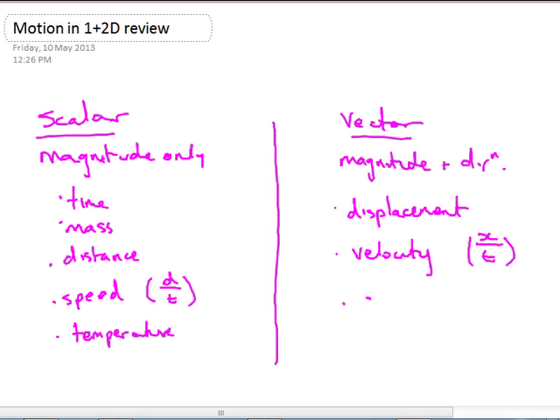We've got acceleration, which is change in velocity over time. Force. Another one would be momentum.